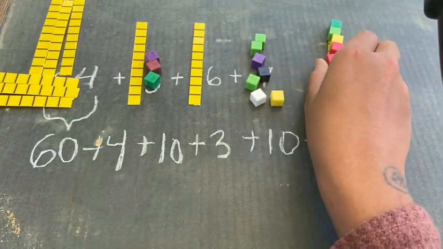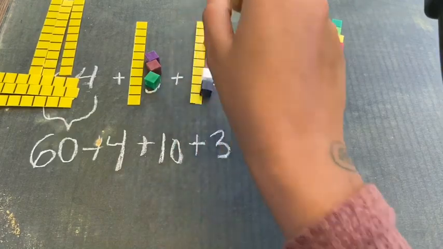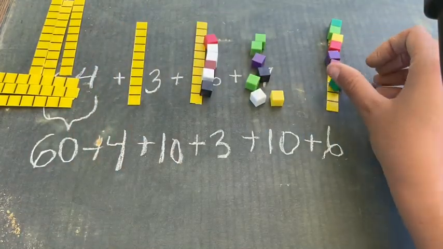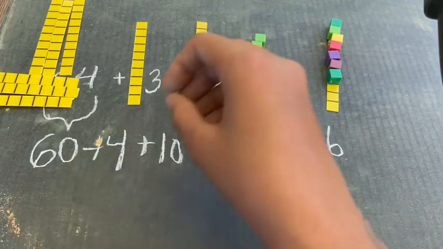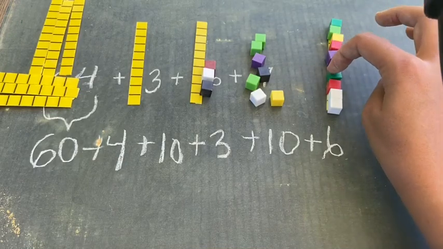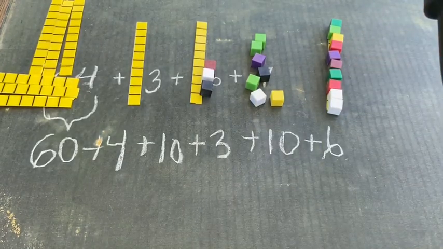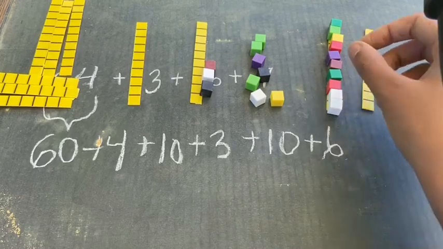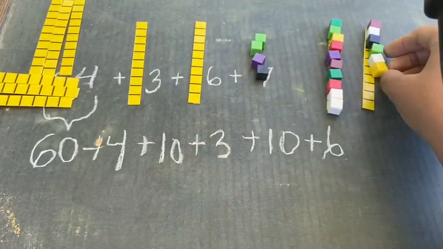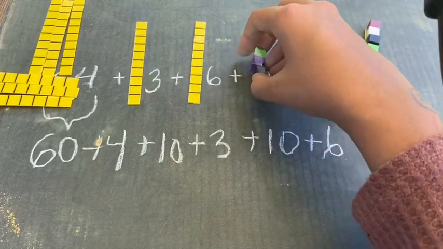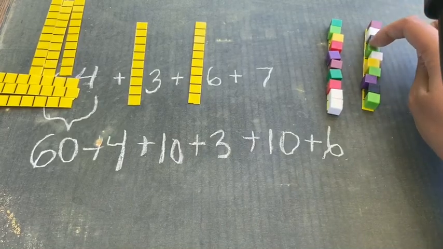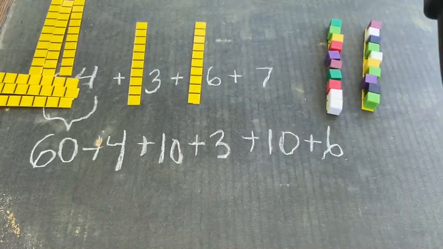Or if you wanted to keep your 4 from 64 and move on to this 3, you could. And then pull out enough to fill out this one, 1, 2, 3, 4, 5, 6, 7, 8, 9, 10. And then just use what's left over to make another 10. 3, and take all these from the number 7 that was by itself. 1, 2, 3, 4, 5, 6, 7, 8, 9, 10, right?